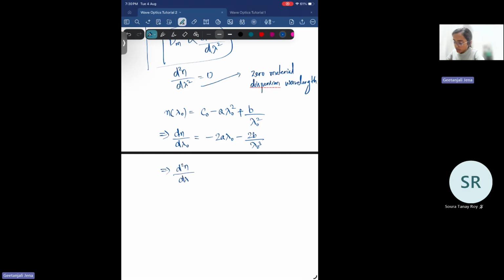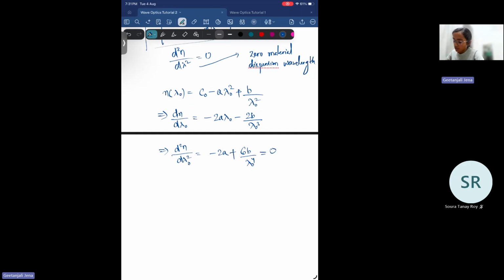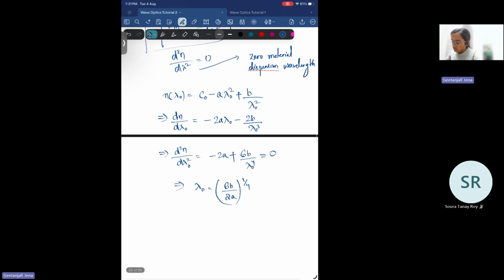The second derivative is minus 2A plus 6B over lambda 0 to the power 4. So this should be 0 for zero material dispersion. That means lambda 0 is (6B over 2A) to the power 1 by 4. B and A are already given in the question.